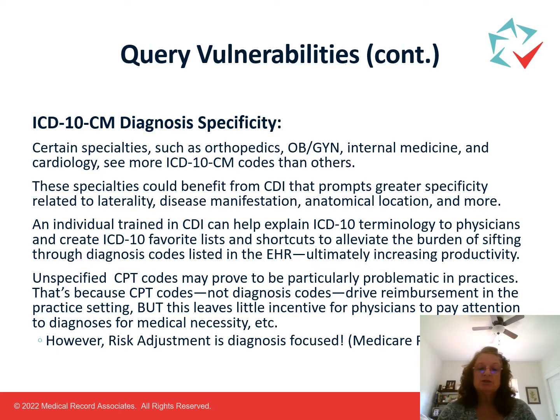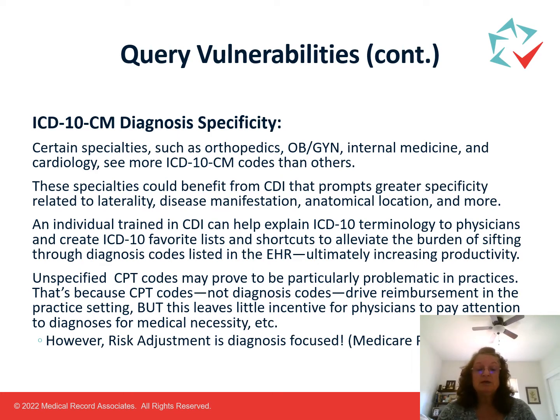Certain conditions do have specificity in the character of the code to capture laterality. How about the manifestation of a disease, or the anatomical location? These are all areas of specificity where queries need to be in place, or we have to be careful how we're using the queries.